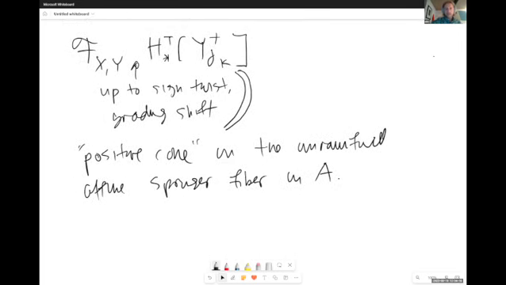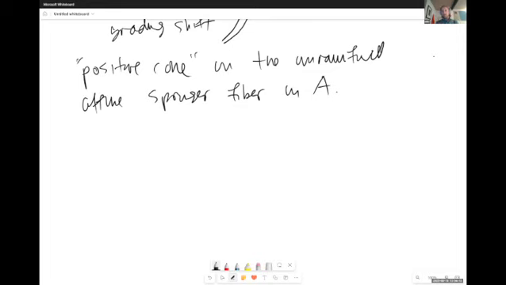So instead of writing this again, let me give you an example and then show you how to connect it to that formula that I wrote down.